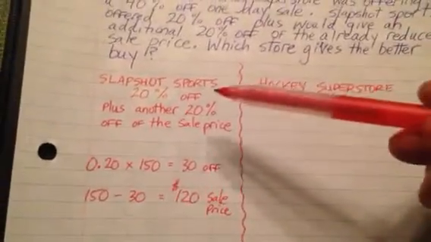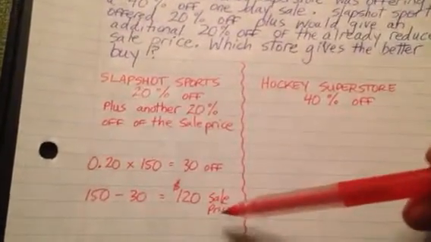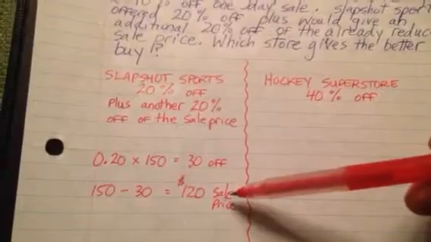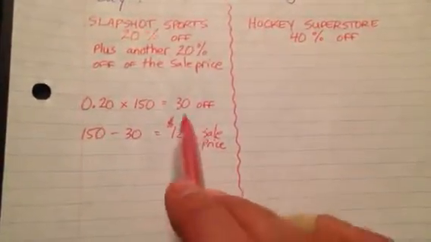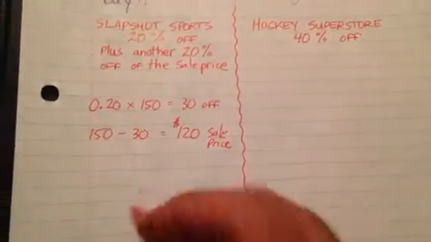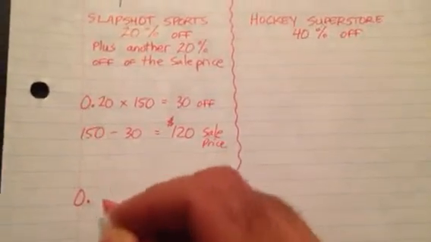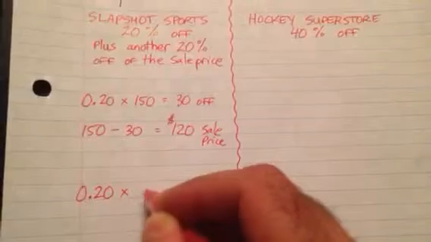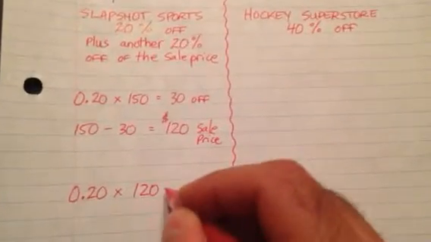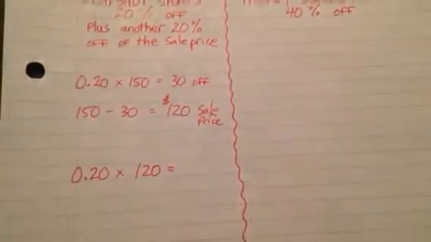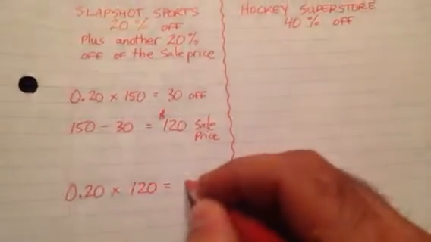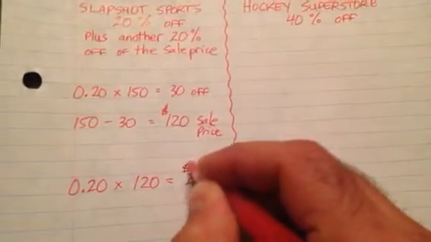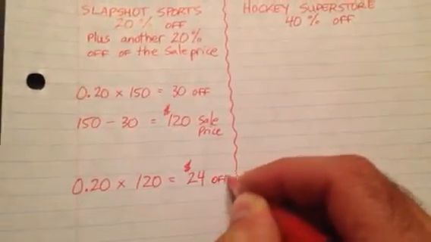Now remember, they will give you an additional 20% off of this reduced price. So let's take 20% off of that. So again, we take 0.20 and we times that by 120, and looks like we will get $24 off.